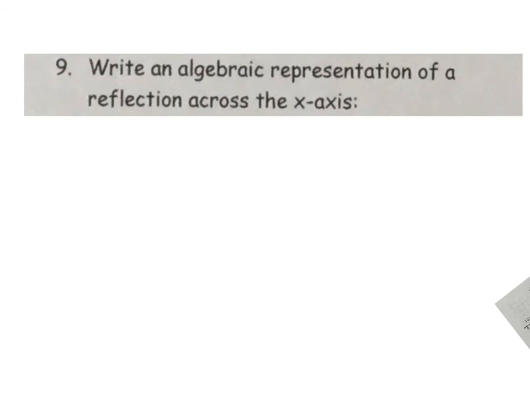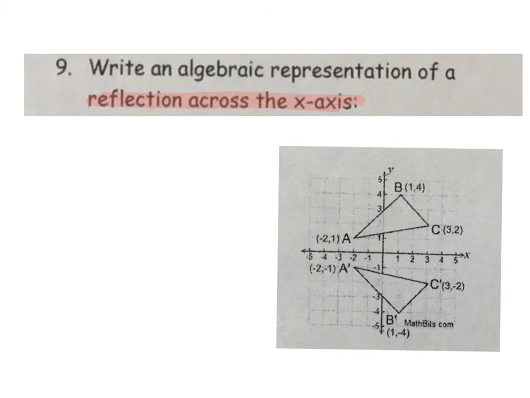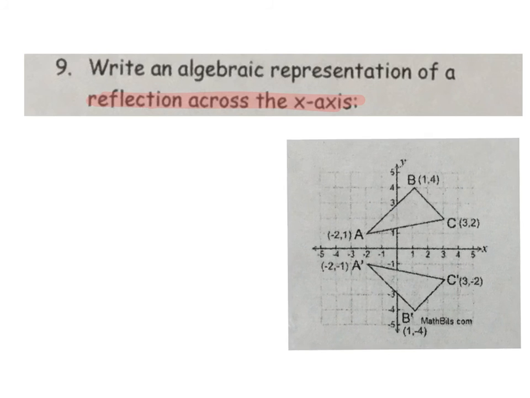Okay, number 9, says to write an algebraic representation of a reflection across the x-axis. So I'm going to highlight that for you. That's what we're looking for. What I went ahead and did from the note page that you have on your desks, I zoomed that in for you. So this is a reflection across the x-axis.